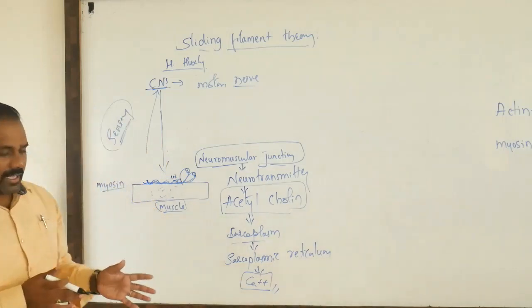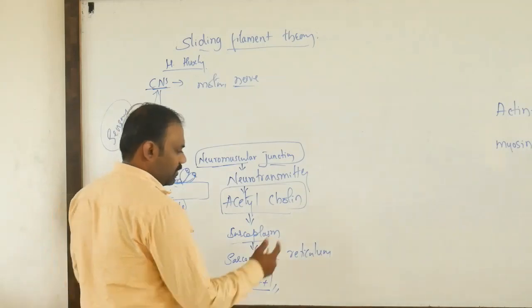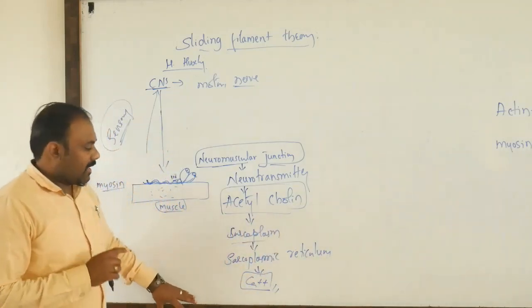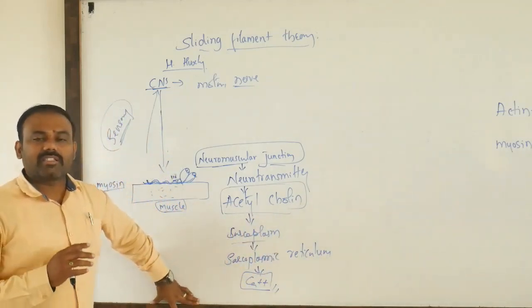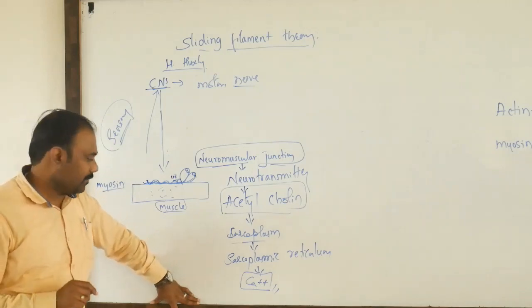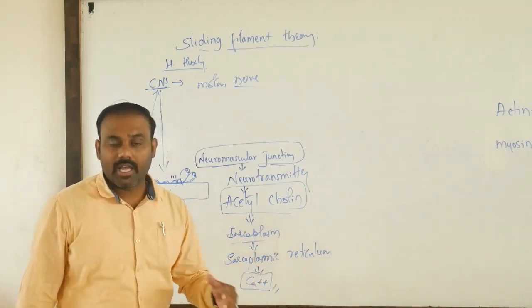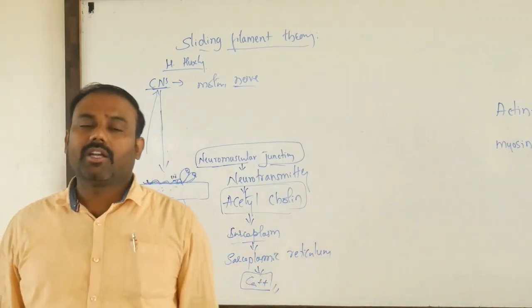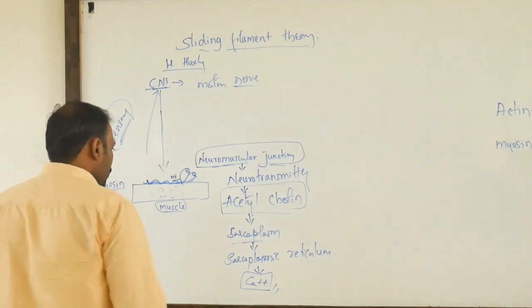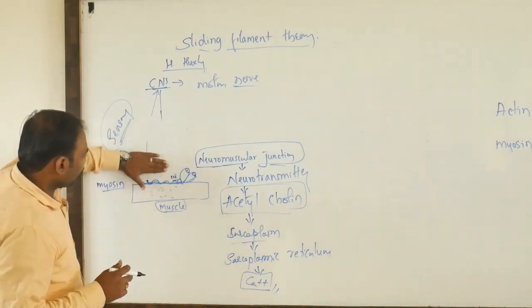Immediately it starts producing the calcium ions. As I told you in earlier classes, just before this, the sarcoplasmic reticulum is a reservoir of calcium ions. Yes or no? So for that reason, the sarcoplasmic reticulum starts releasing calcium in the presence of acetylcholine as a neurotransmitter. What is the role of calcium here? Definitely we need to understand.